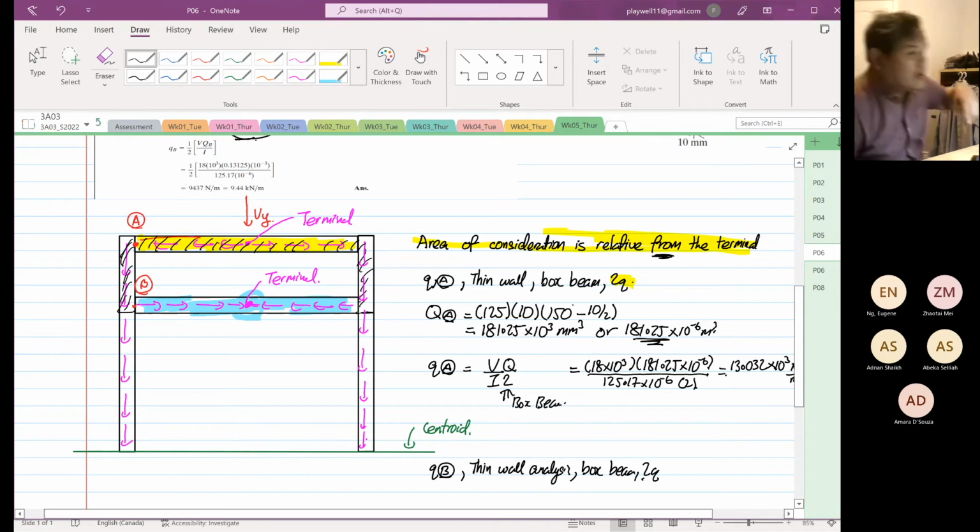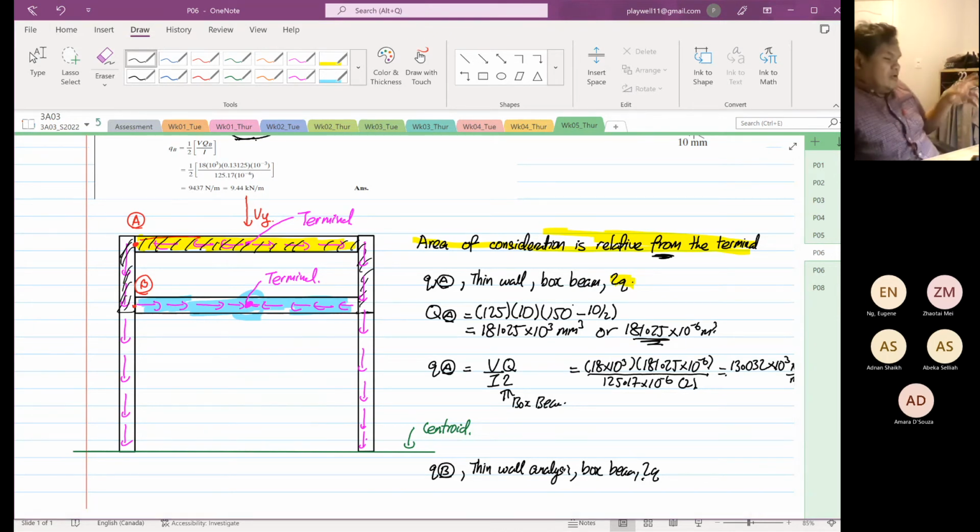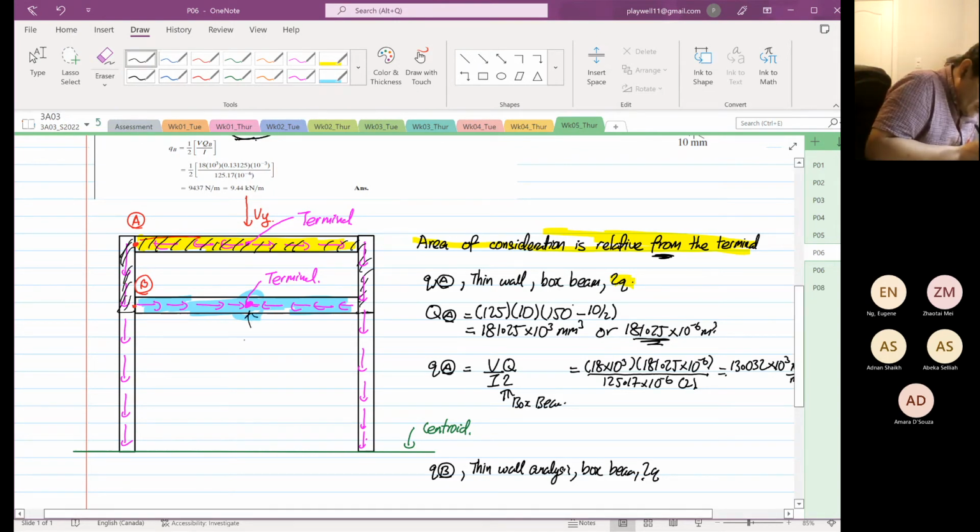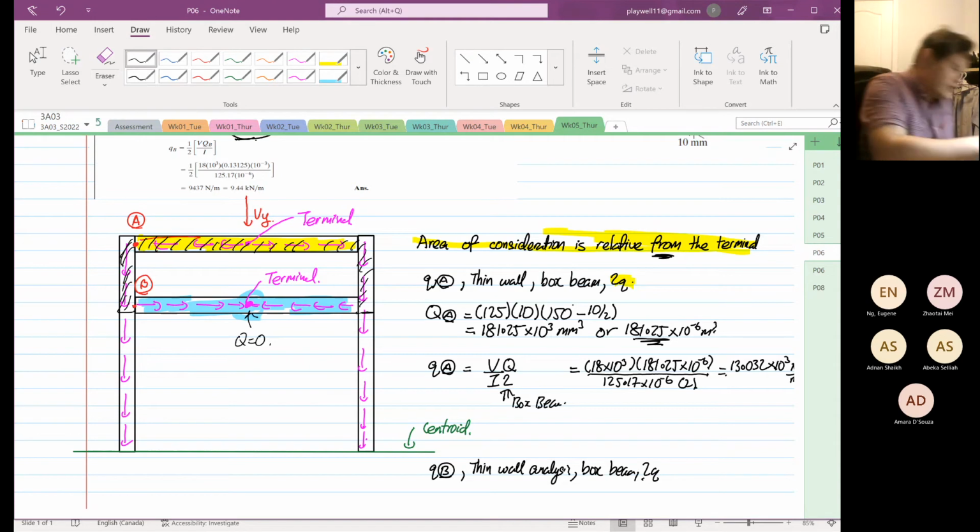And you're right, it's the whole of the second shelf only, because we wrote a rule that the area of consideration is from the terminal. Why? At the terminal, big Q is equal to 0. At all the terminals, Q is equal to 0. So it is like your reference point now.